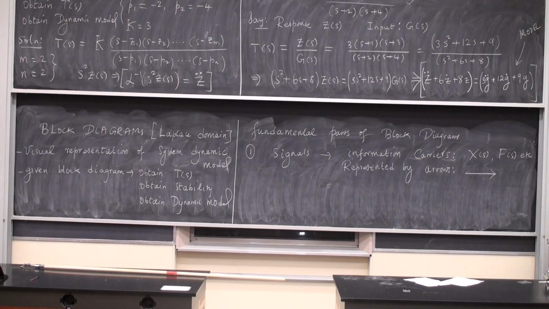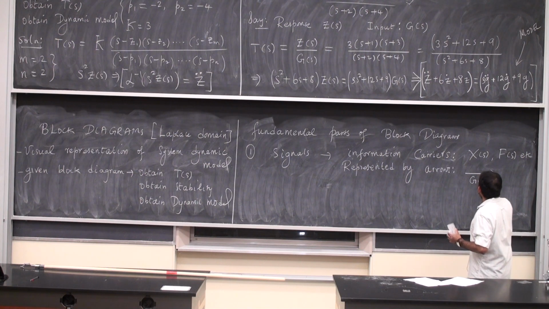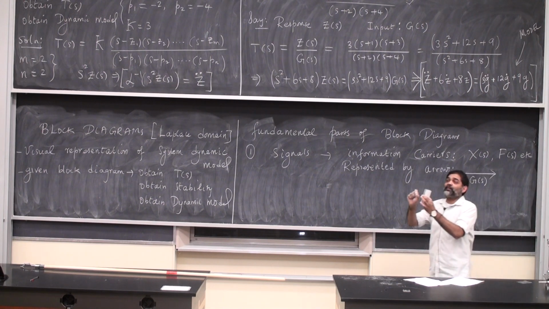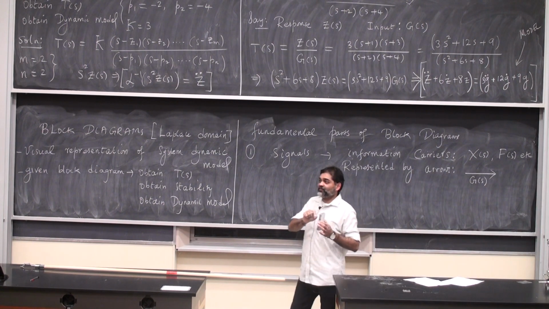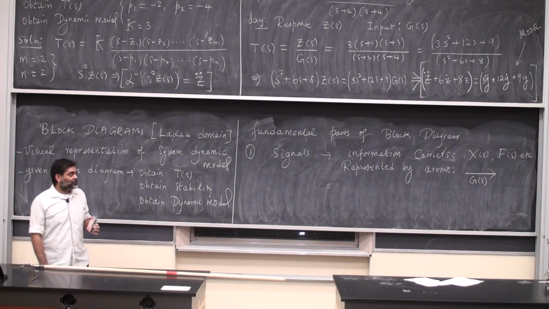I could have an arrow, and on top of that arrow could be some g of s. So what does this arrow tell you? The arrow tells you, hey, here is a signal g of s. It is propagating from the left to the right. As simple as that. Okay? That's one of the fundamental parts of a block diagram.